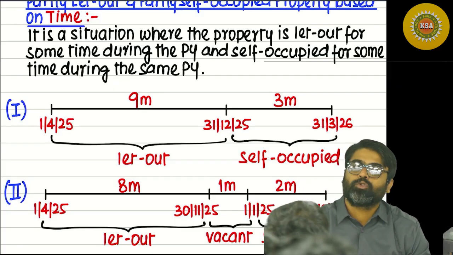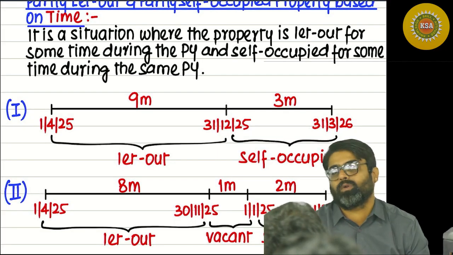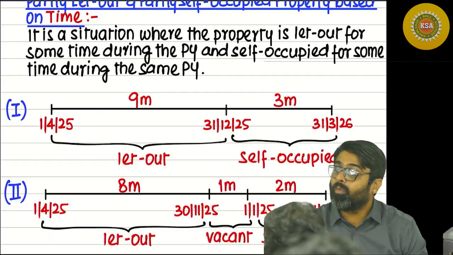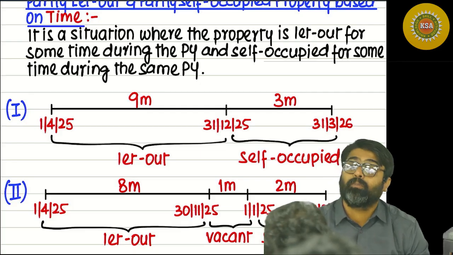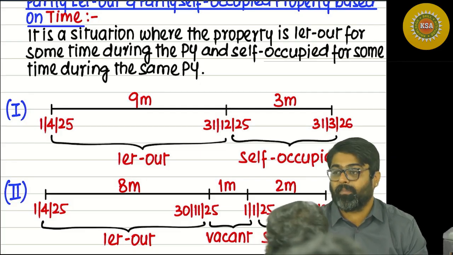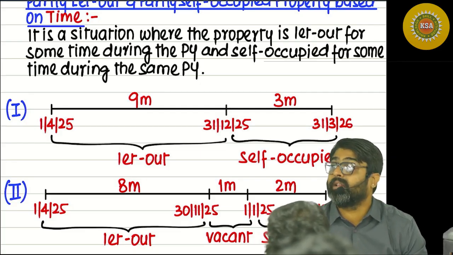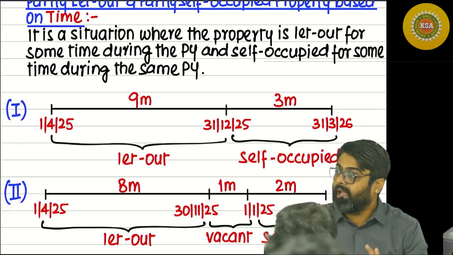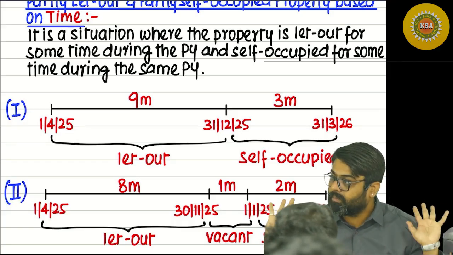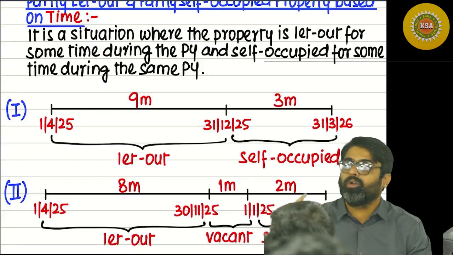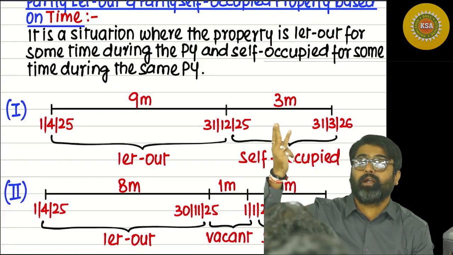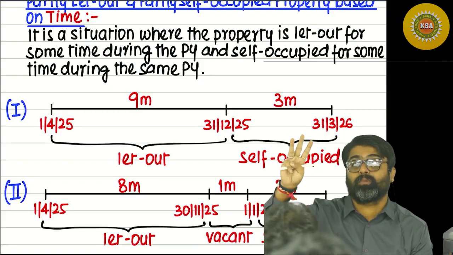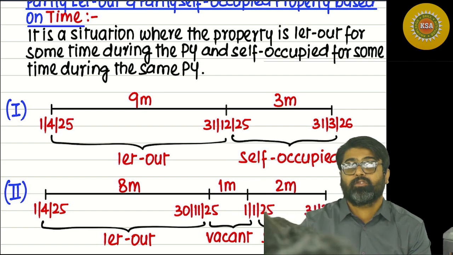The moment you start taking the benefit out of the property, the moment you start exploiting the rent earning capacity of the property and start earning the rent, the property becomes LOP, let out property. And do you remember the 3 types of properties?